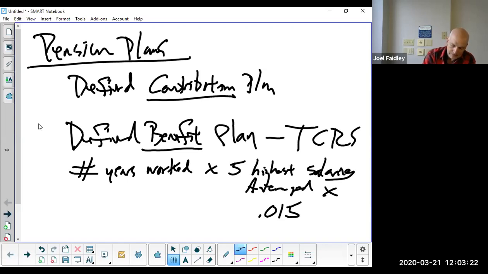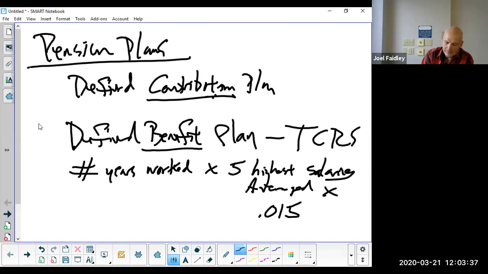So you can see with the defined benefit plan, which is becoming fewer and fewer, if you go back 30 years ago, the majority of corporations had defined benefit, but now it's flip-flopped. They all have this defined contribution, which I'll talk about here shortly.